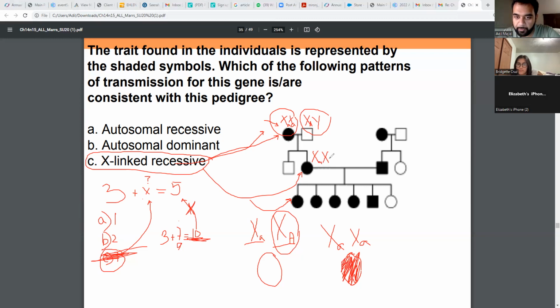She has to get the other X from her dad. Well, if she has a big A, wouldn't she get the big A? He can only give her a big A. So he would have to give her this. And that's how we know that it's not. Oh my gosh, it all makes sense. All you gotta do is pay attention.